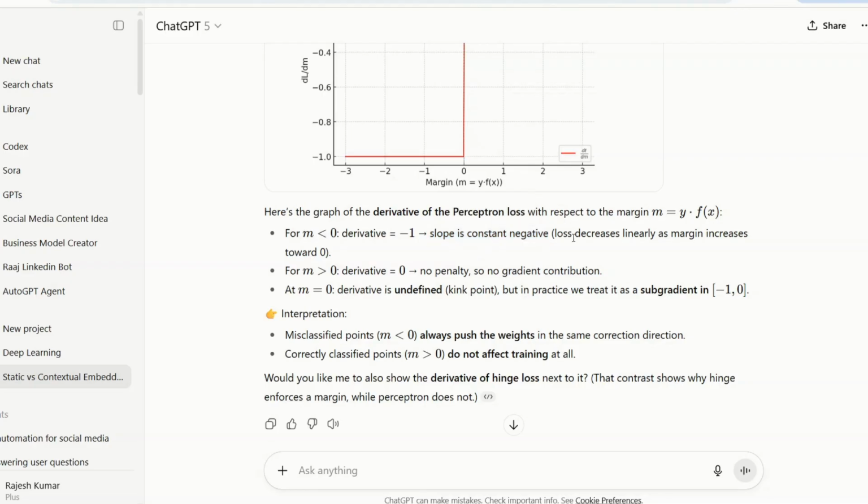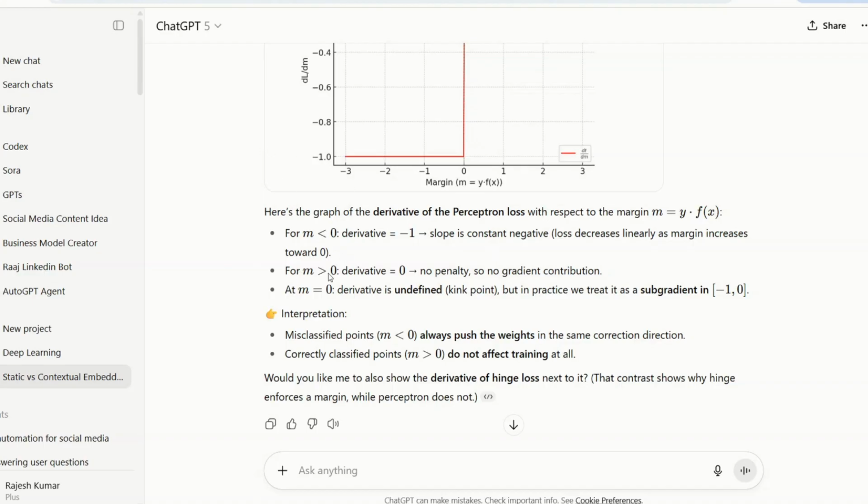So loss decreases linearly as margin increases towards 0. Got that? It does not matter how far the error point is from the boundary. If you apply the tangent, slope or derivative, it is coming constant. So the update happens constantly for all the error points.